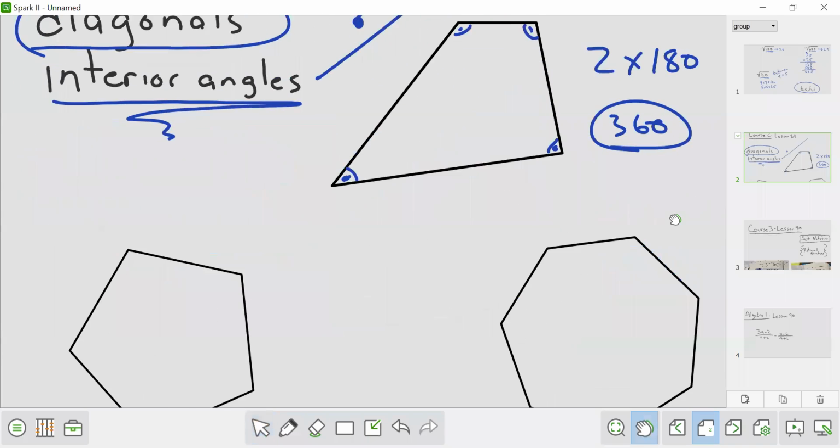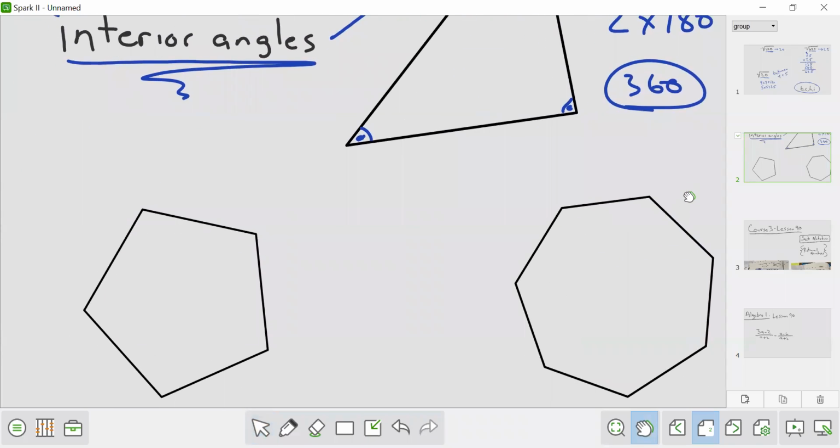Well, what about something like this pentagon over here? How many diagonals does this pentagon have? If I start at this corner right here, I draw a line here, I draw a line here, I know now that there's 4 triangles. If I multiply that times 180, that tells me how many degrees there are in all the interior angles.